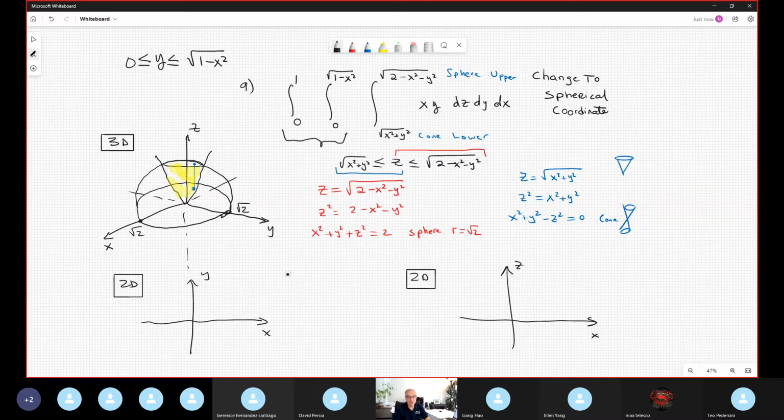This is the job these students are doing. Yeah, I respect this. So you take this equation, y equals square root of 1 minus x squared, square both sides, y squared equals 1 minus x squared. And I discover, wow, x squared plus y squared equals 1.